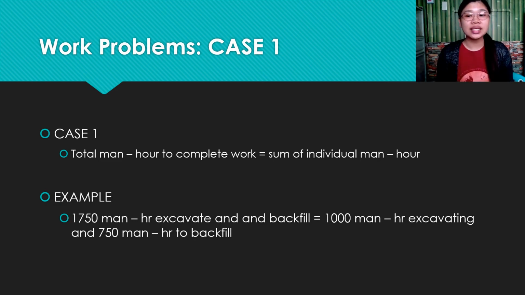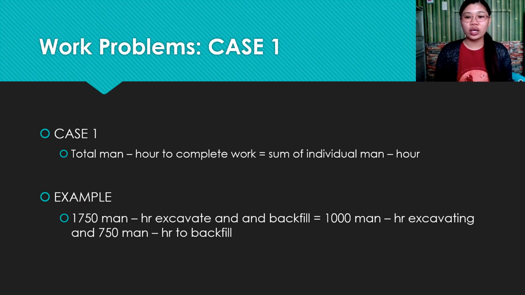So as an example for this case, we have here 1,750 man hour to excavate and backfill. So in excavating and backfilling, we have here 1,750 man hours. That is the total.